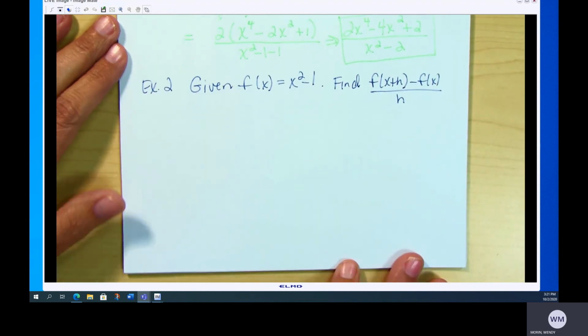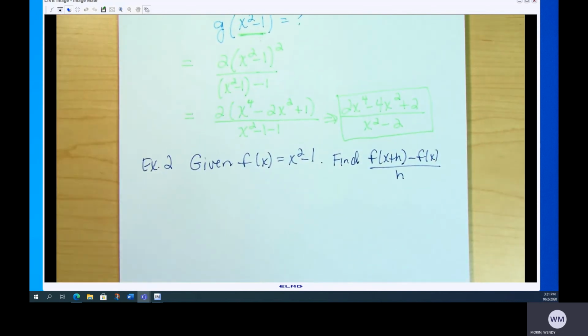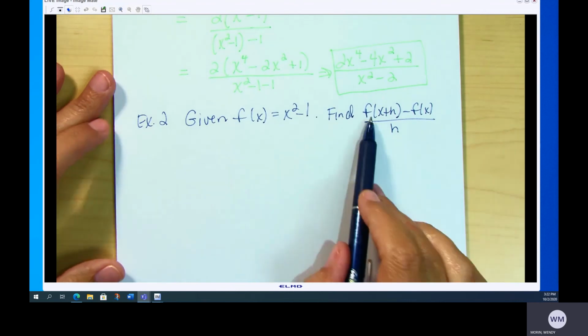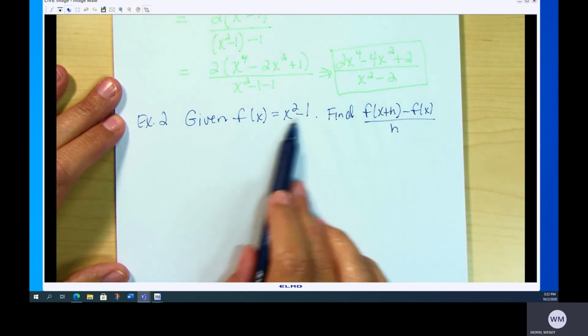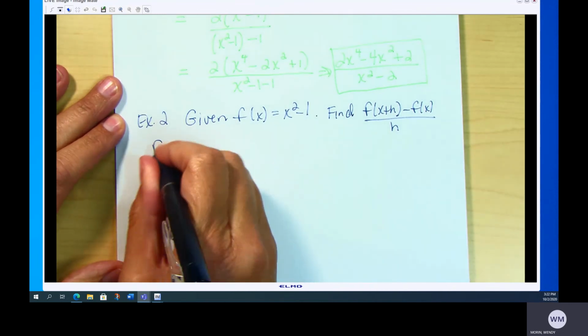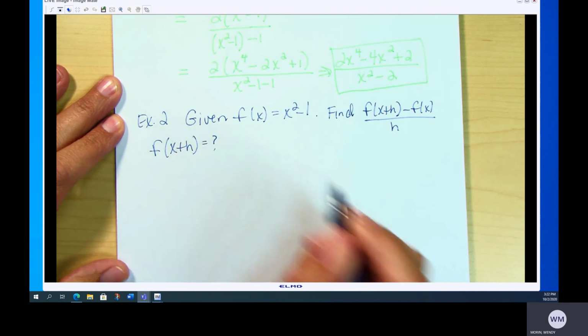Remember that? I'm going to practice that some more because that comes up in calculus all the time. Okay, so this is f of x plus h, and this is f of x. So the question is, how do you find f of x plus h?